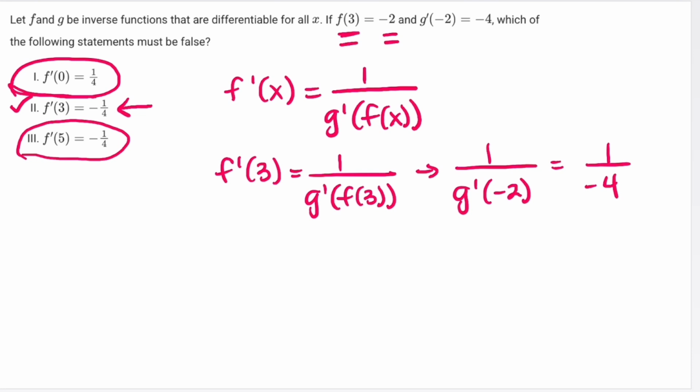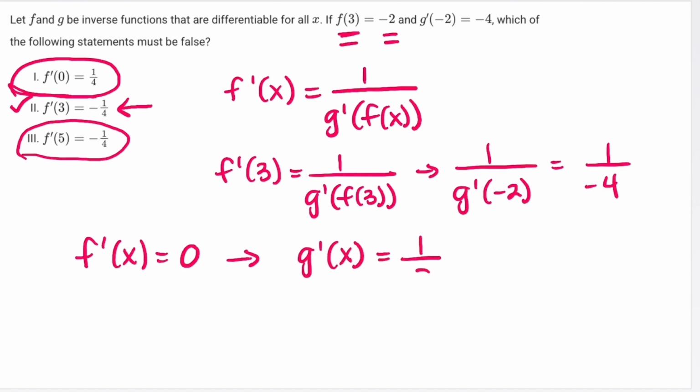So for example, if there is a place where f prime of x is equal to 0, so if there is a place where the derivative of f is equal to 0, then that means there would have to be a place where the derivative of the inverse is equal to 1 over 0. And that can't happen, okay, if it's differentiable everywhere.